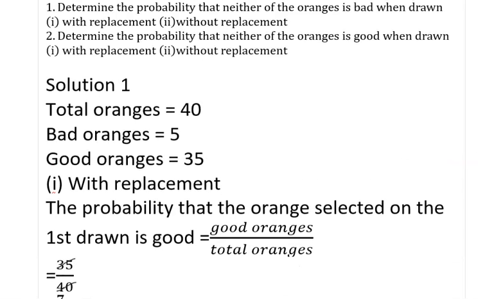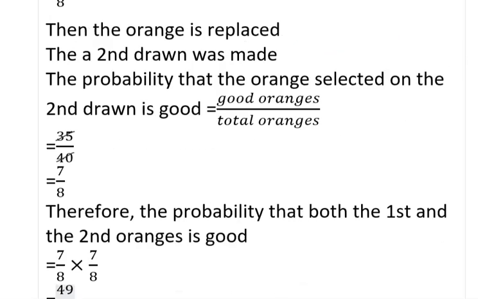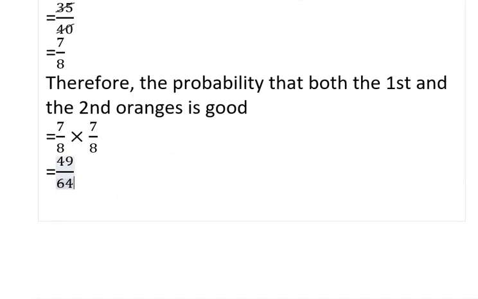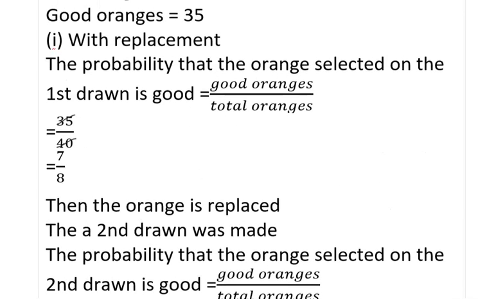So if you are to go by what we have here with replacement, when the first orange was drawn and it was replaced, the probability that both were good, that is, neither of the oranges is bad, is what? 49 over 64. Awesome. So let's deal with, because this one is with replacement.